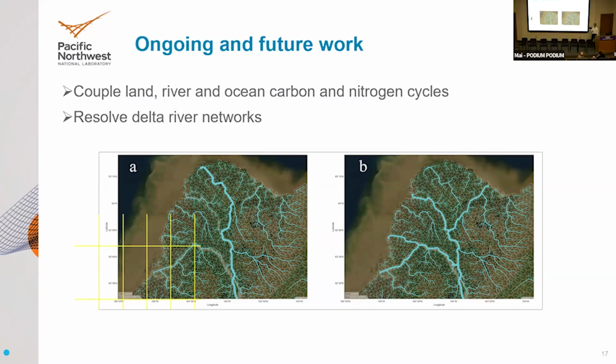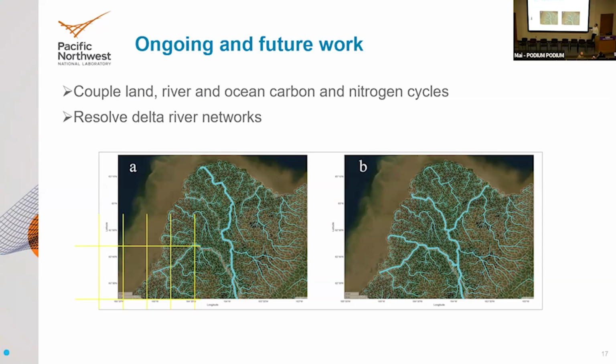Right now, we have added particulate organic carbon, POC, particulate organic nitrogen, PON, particulate organic phosphorus, POP, and also dissolved organic carbon in the MOSART model. We are now adding dissolved inorganic nitrogen, such as nitrate and ammonia.